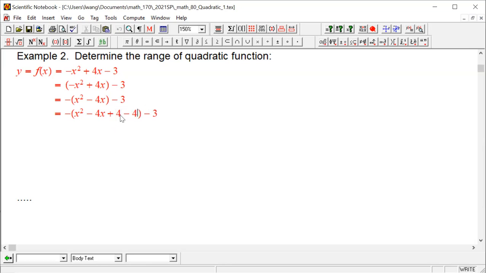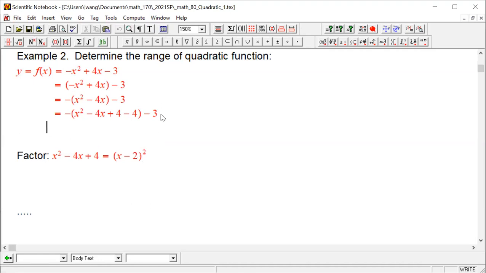Because x squared minus 4x, if we factor x squared minus 4x plus 4, that's going to be x minus 2 squared. That's what we want.